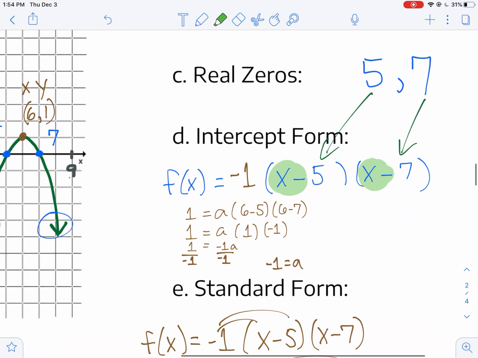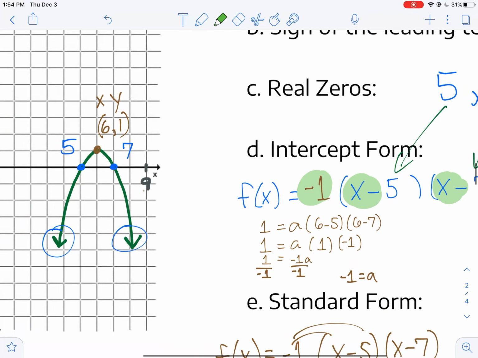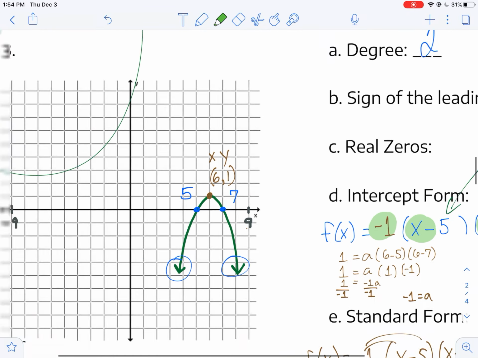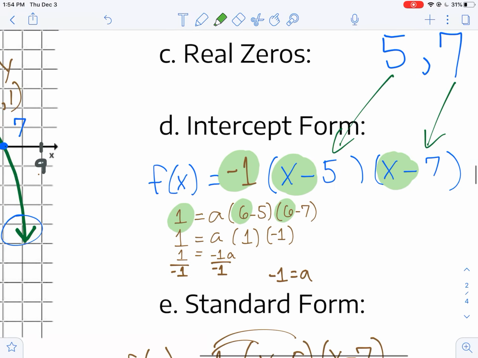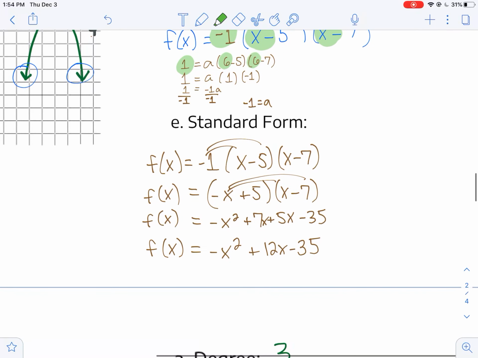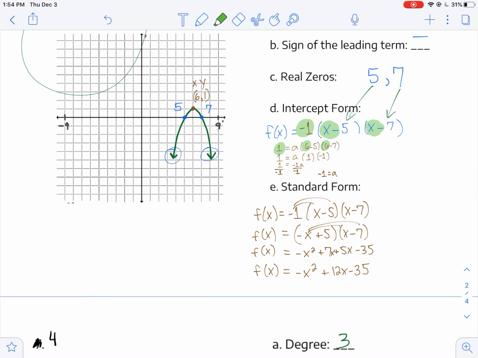Then we establish a, that coefficient, which we don't know initially. And then we solve for a by just plugging in the point of your function. I went with that point because it was nice and clear. In this case, I went with 6, 1, so I used 6 for x, 1 for y. I solved, and that gave me my coefficient. And then for standard form, I just multiplied it out. Hopefully this will help you when you have to write polynomial functions from a graph.